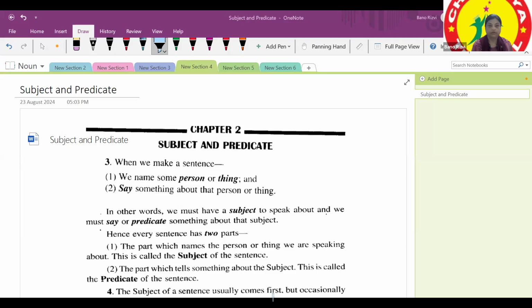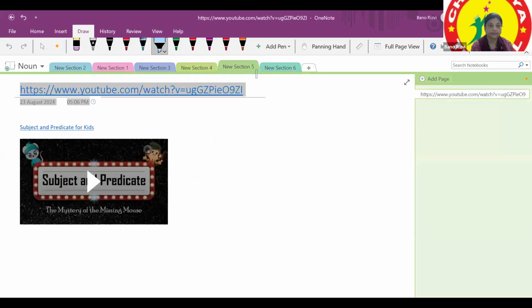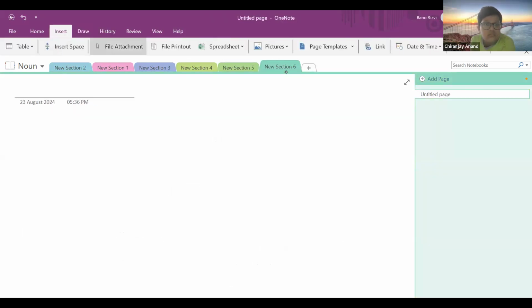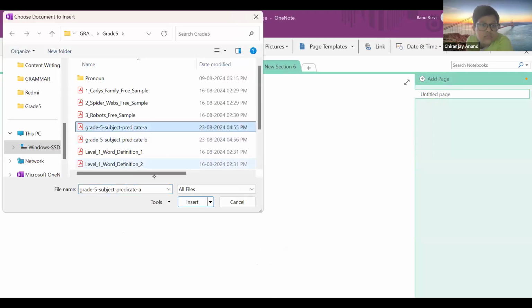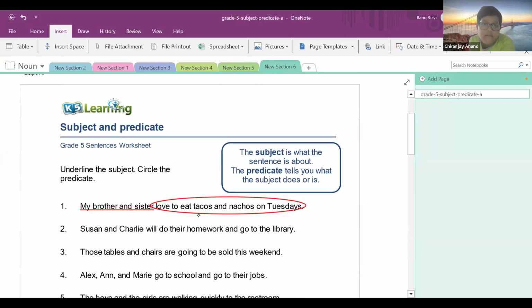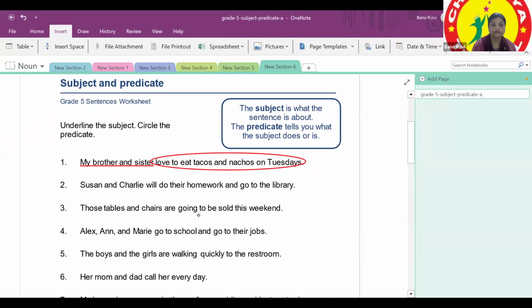Okay. Let me give you one more exercise. Okay, so we have subject and predicate here. Subject is what the sentence is about.